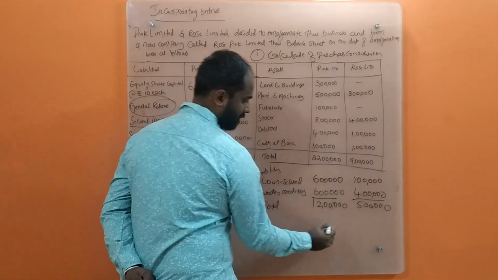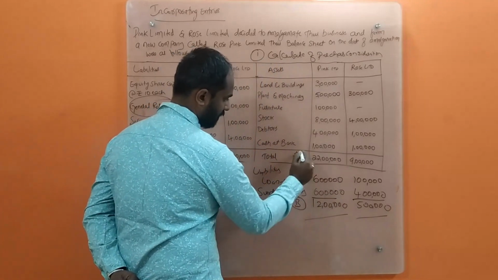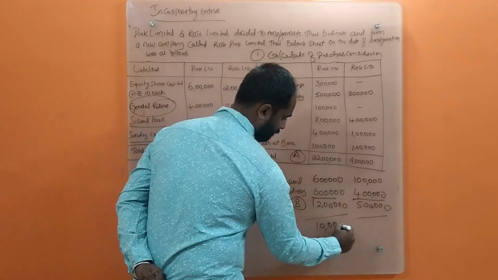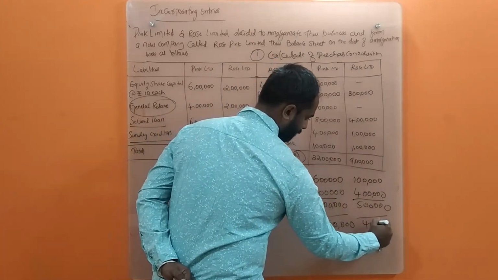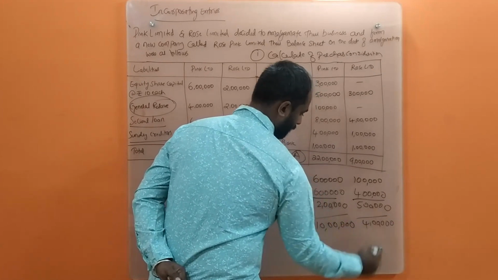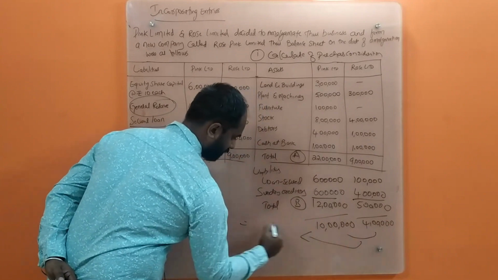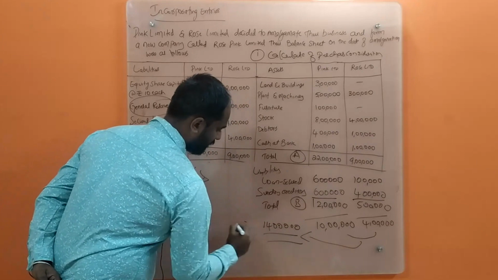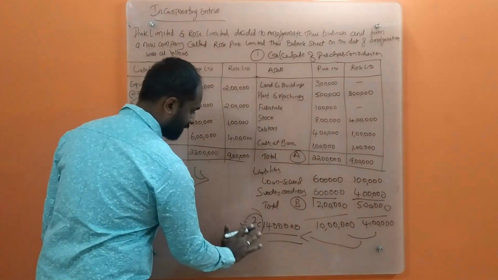So we will net off this. This is A, this is B. So 22 minus 12, 10 lakh. 9 minus 5, 4 lakh. So if this is put together, 14 lakhs. So this is your PC, the purchase consideration, this is your net asset.